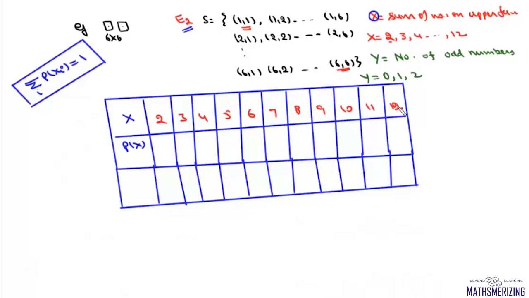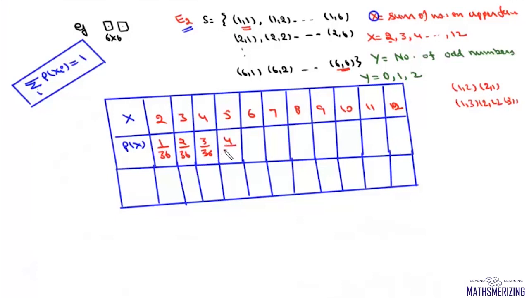Now sum is 2. This probability is 1 by 36 because sum is 2 if and only if both the numbers are 1. Now sum is 3. We'll have 3 with 1, 2 and 2, 1. So it will be 2 by 36. Now 4 is 1, 3, 2, 2 and 3, 1. So it will be 3 by 36.